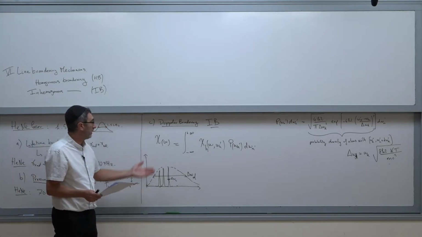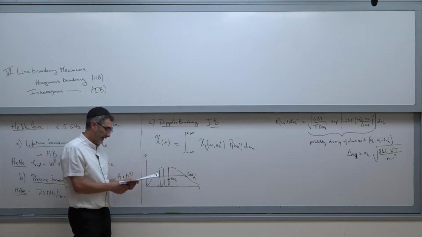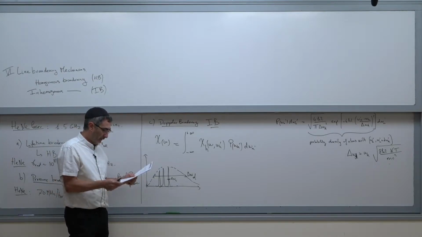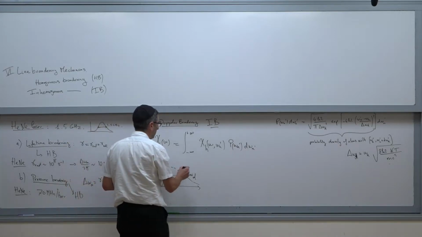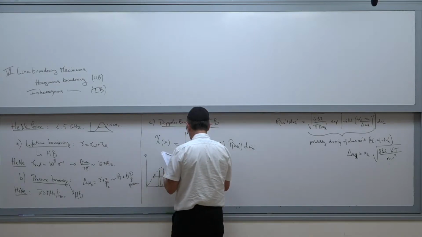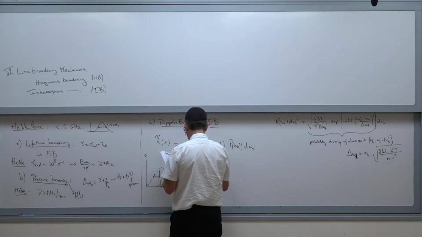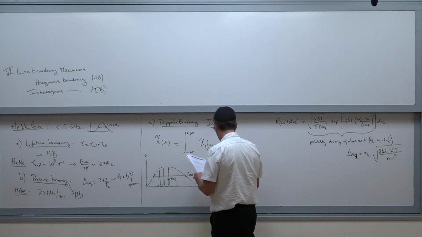Actually, it's an incoherent sum of chi of omega to get the global line shape of the susceptibility, and the result is the following. You get chi of omega, I write the full expression here: minus i times 3 star over 4 pi squared times the square root of 4 log of 2 over pi.